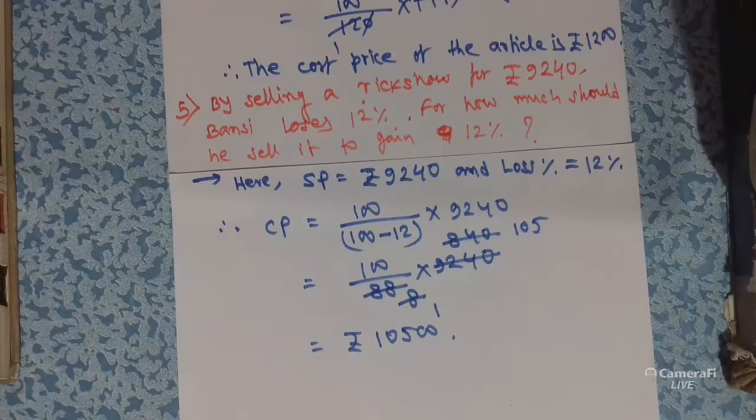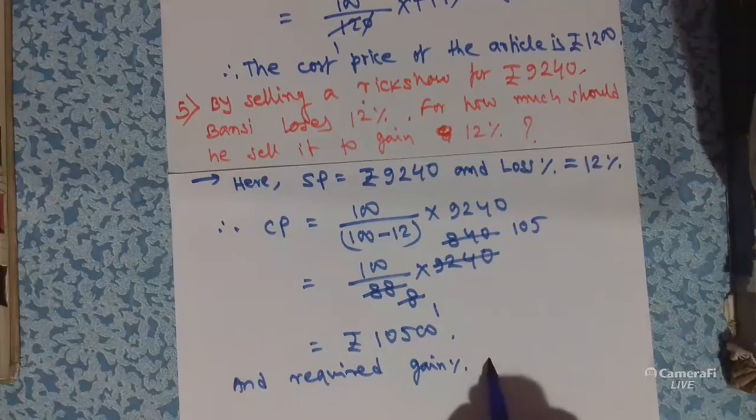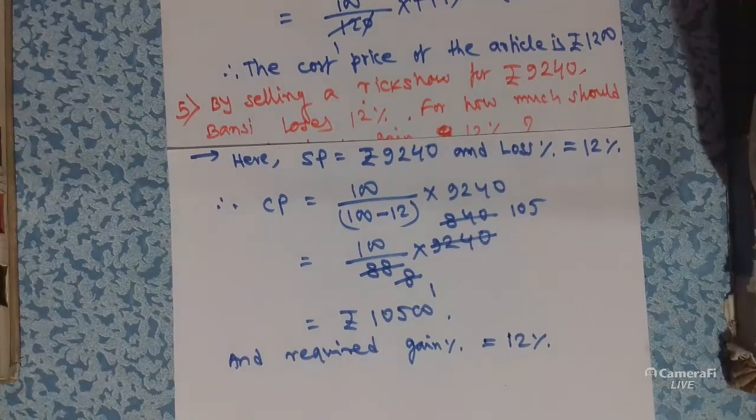Now we have to gain 12%. Now we have to find the selling price to gain 12%. So now cost price is 10,500 and required gain percent is equal to 12%.